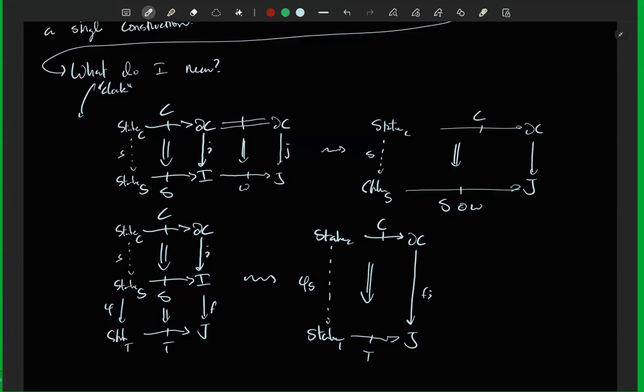And these two things can interact by the interchange law of a double category.